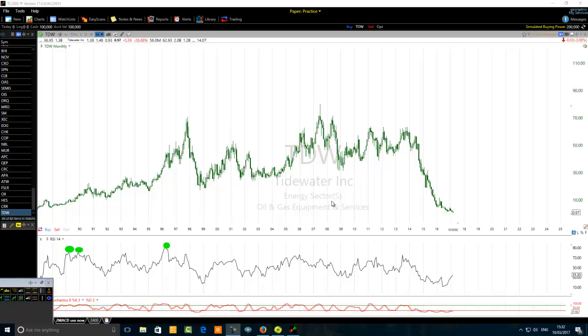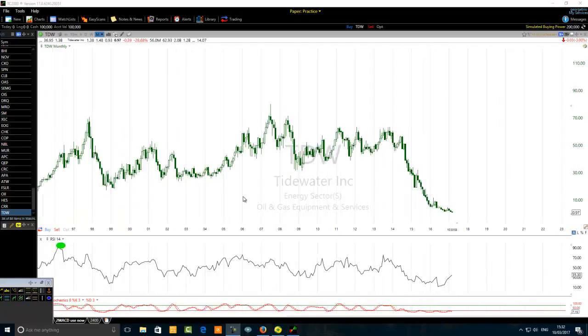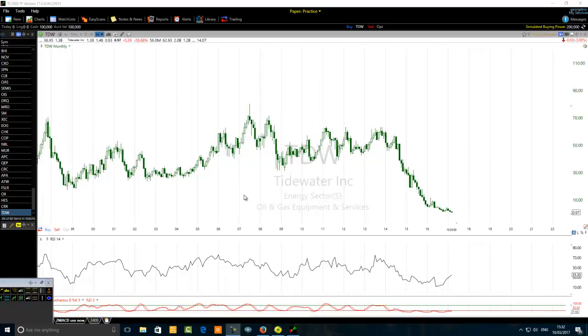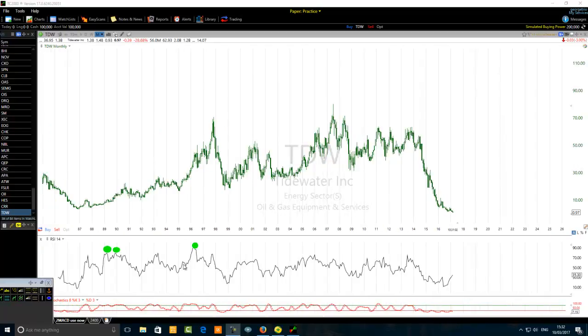For new traders, the RSI stands for the Relative Strength Index indicator, a momentum indicator. I'm on the monthly charts, and we're going to talk about how we can use the RSI chart pattern. So we are not looking at the chart itself, and we are looking down, which is not the best practice.